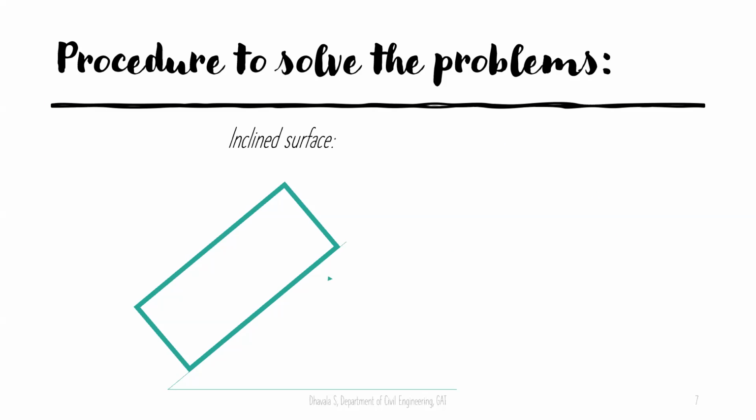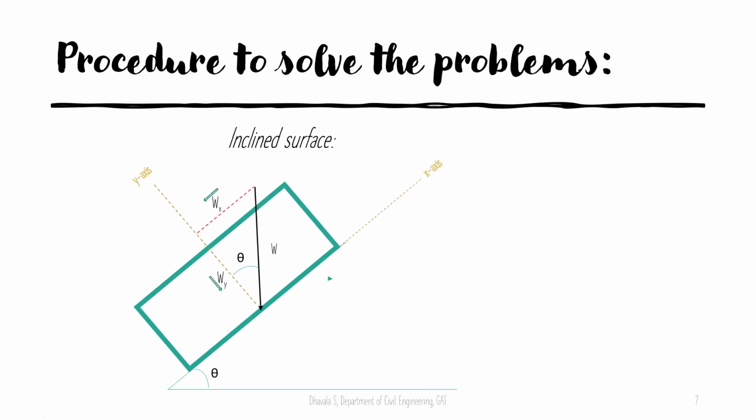Going ahead, if we have an inclined surface, how do we solve the problem? We have the weight of the box acting downwards and the reference axis is chosen at that point parallel to the inclined surface. If the surface is inclined at an angle of theta, the weight of the box will be inclined at theta to the reference axis.